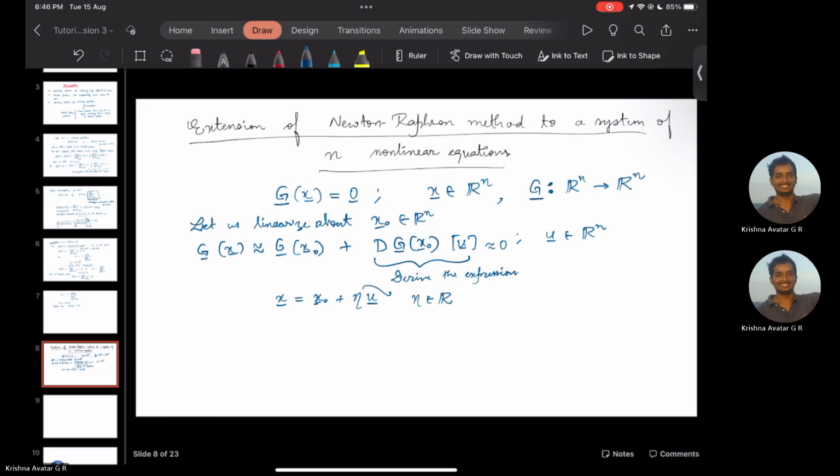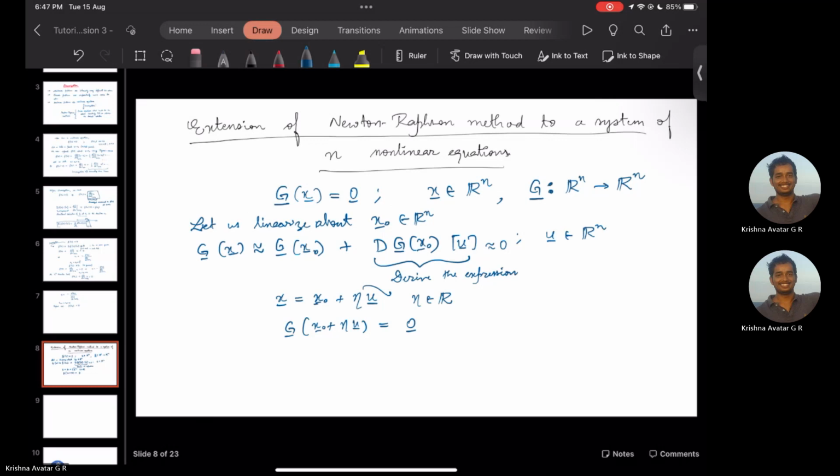And eta is the step along that particular vector that we need to take in order to satisfy this equation, that g of x naught plus eta u vector will be approximately equal to 0 vector. Okay. However, for operational sense, we'll just make it 0. Right? This is our goal here.